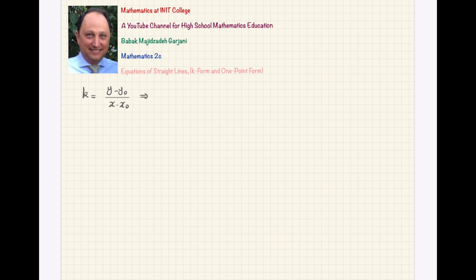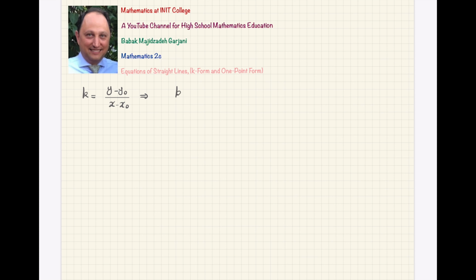So first of all, I hope that this formula is familiar to you. Do you remember? You learned this as the formula expressing the slope. Yes, do you remember the delta y divided by delta x? The difference between y values divided by the difference of x values. But now let me multiply both sides by x minus x node.